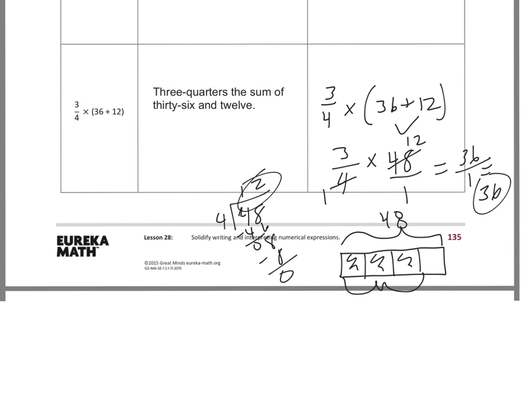So that's 12 in each. And I know I had 3 of those, so 3 times 12 is 36. So a couple different ways to do it with the multiplication and then also with the tape diagram.